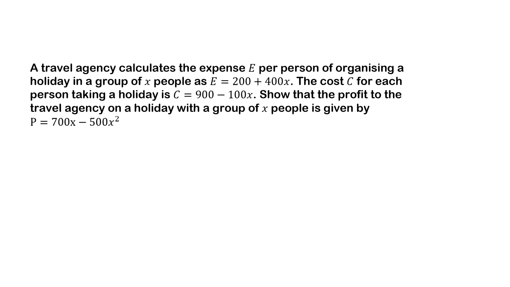So here we have another one. We have a travel agency which calculates the expense E per person of organising a holiday in a group of people as E equals 200 plus 400x, and the cost C for each person taking the holiday is given. It's important here that we go through and actually identify the important parts.